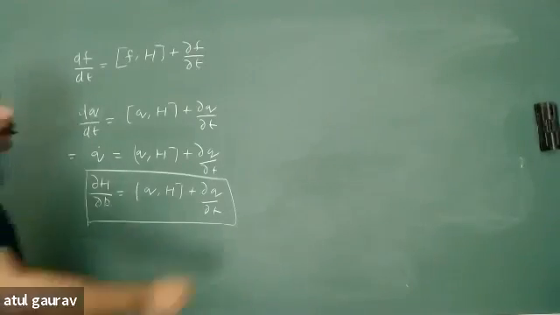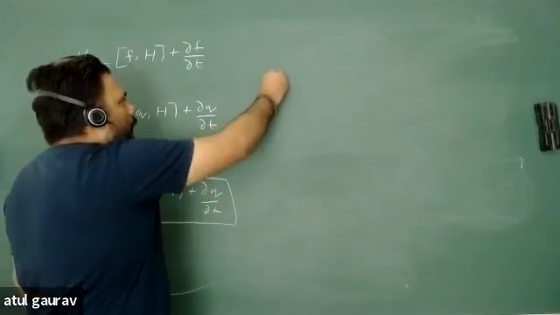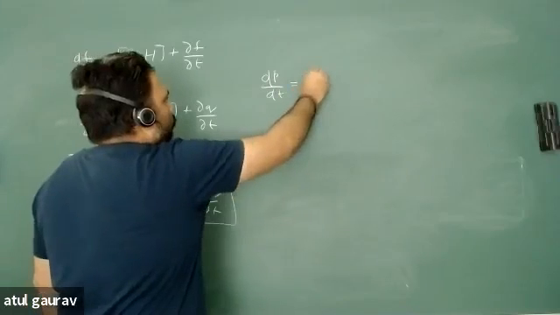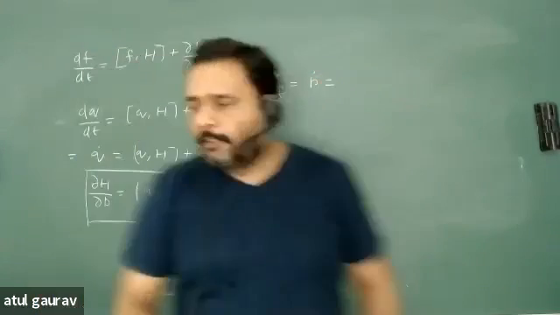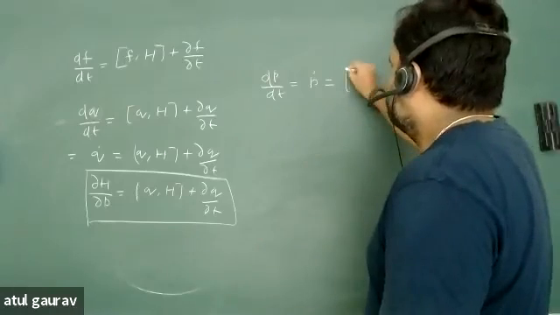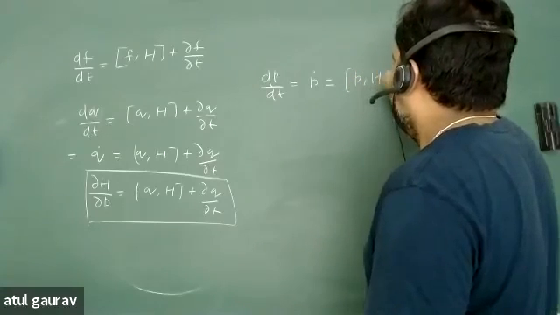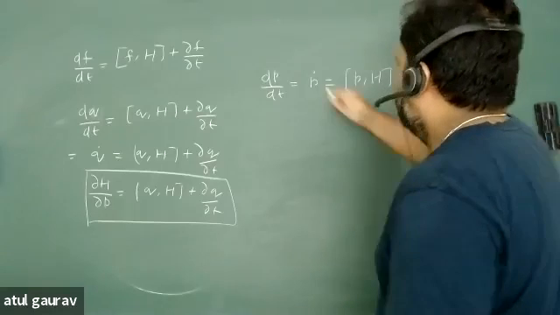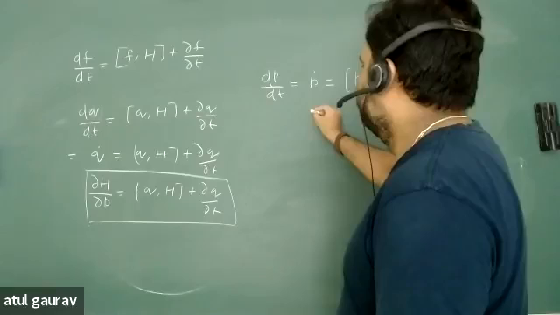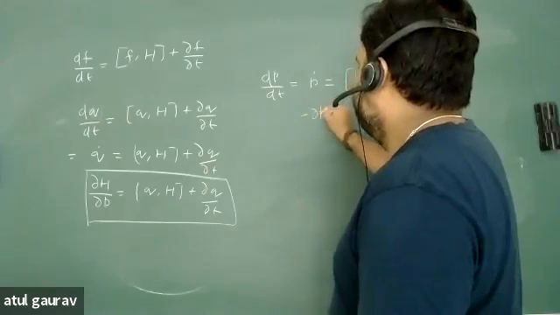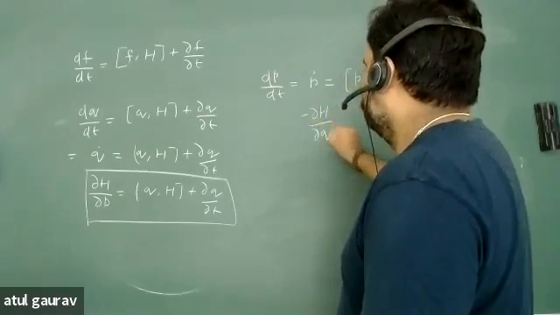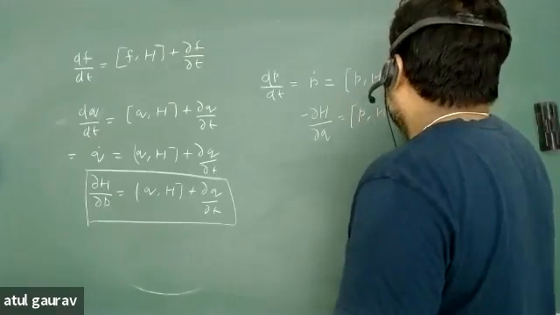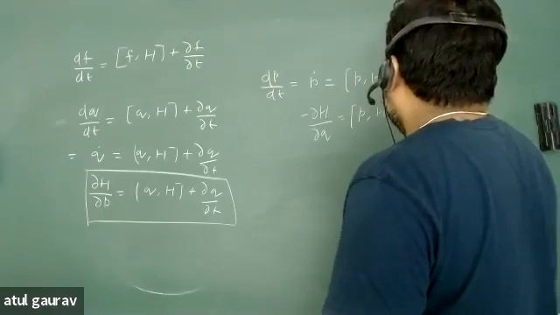And similarly, we can have dp upon dt equal to p dot, and this can also be written as [p, H] plus del p upon del t. And what is dp upon dt? It is minus del H upon del q, which is equal to [p, H] plus del p upon del t.